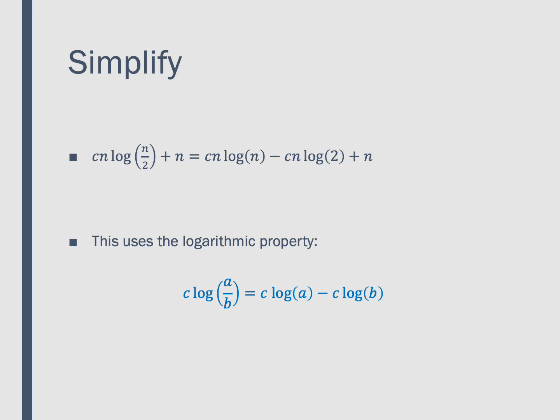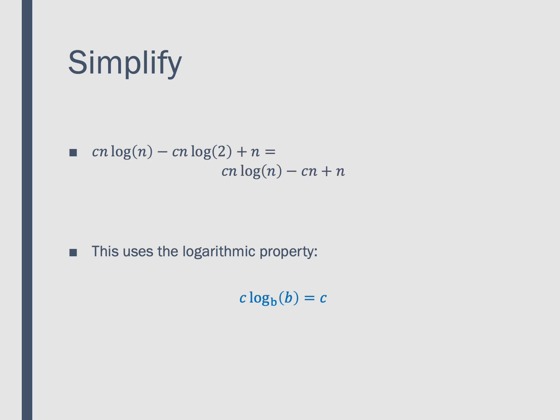You will see we have this, using the logarithmic property: log a by b equals log a minus log b. Now we can break it down, and then substitute back into the expression here.